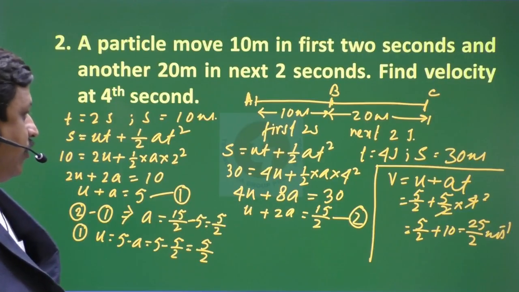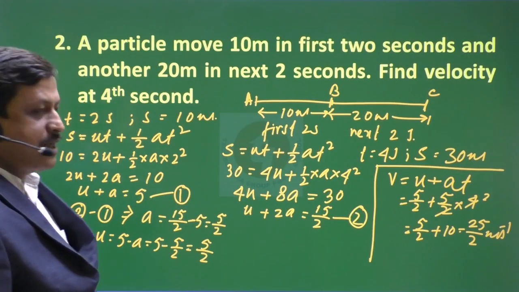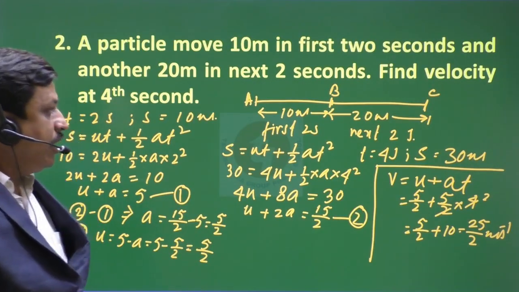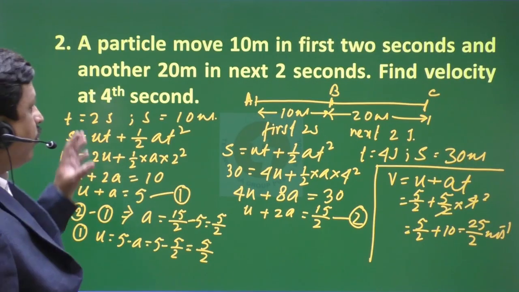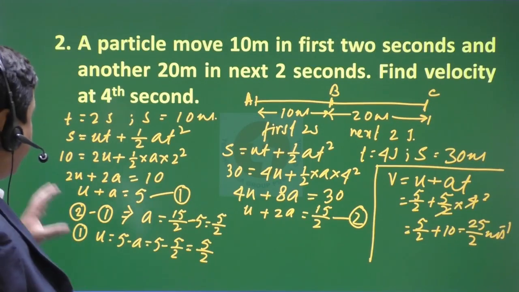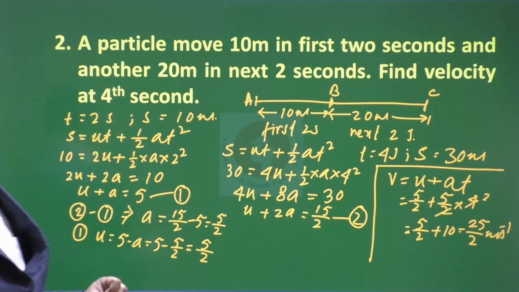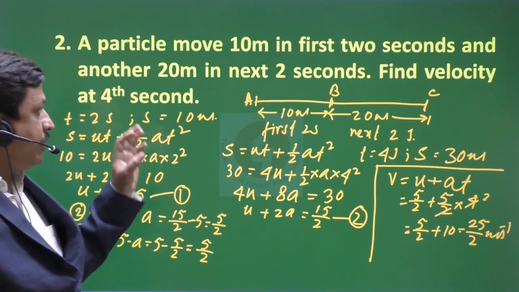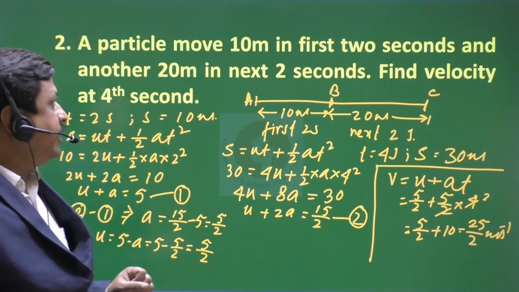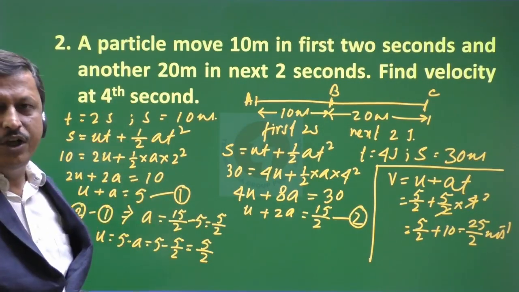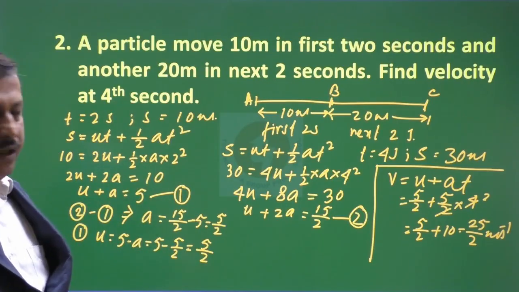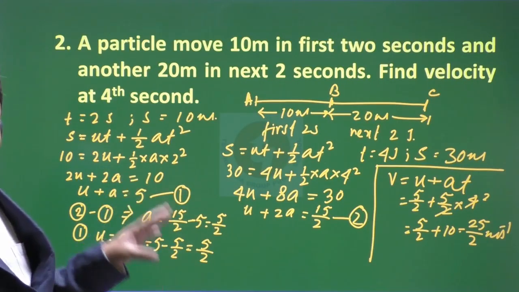Okay, very important sum. I think you understand the whole problem. First we see in the first 2 seconds it will move 10 meter and in the next 2 seconds it will move 20 meter. You have to take from the initial point in both cases.